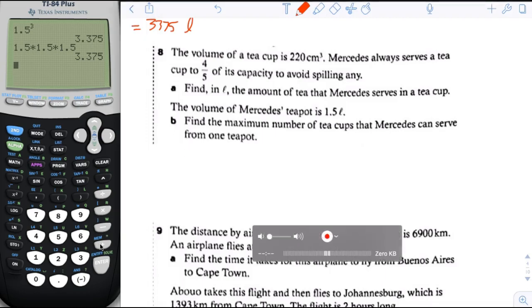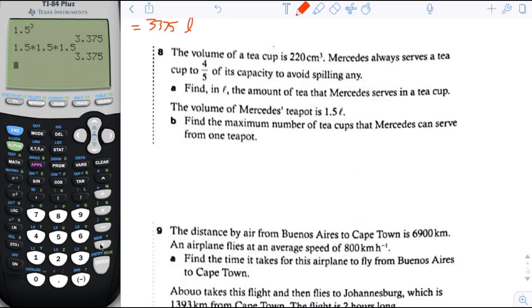So if we knew that she was going to fill the teacup all the way, this would just be a unit conversion of 220 cubic centimeters. But since we know that she only wants to serve it to 4/5 of its capacity, then we need to adjust the 220 centimeters cubed by 4/5, right?